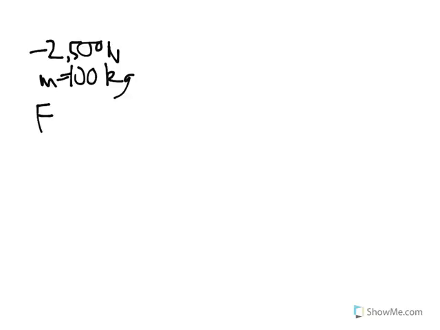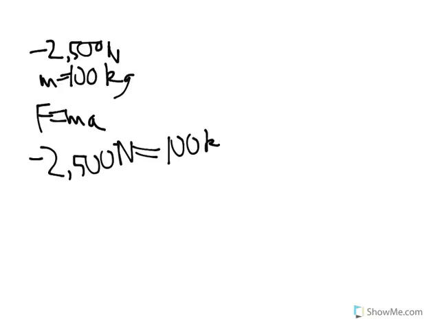So now we're finally ready to find out the acceleration. Going back to F equals ma, and I'm sure you're sick of me saying that by this point, but it's one of the fundamental equations of physics, so we're going to use it again. Negative 2,500 newtons equals 100 kilograms times whatever the acceleration happens to be. We divide through by 100 kilograms on each side.